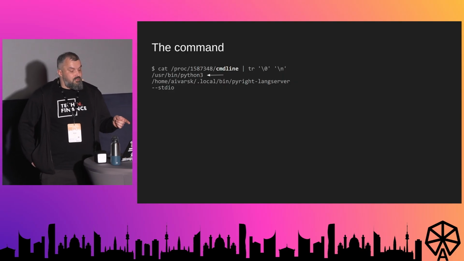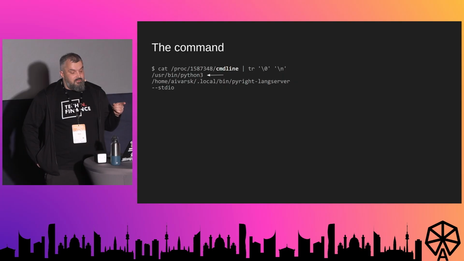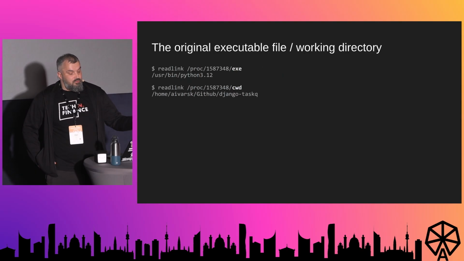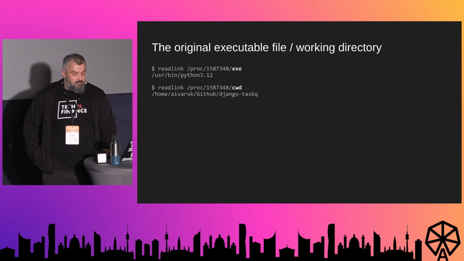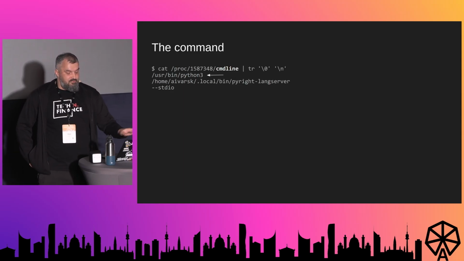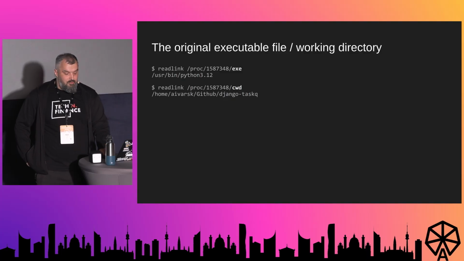Here, notice that the program specified on the command line is actually python3. But it turns out that this /usr/bin/python3 is actually symlinked to /usr/bin/python3.12. So this gives you a false impression. This is the real binary.